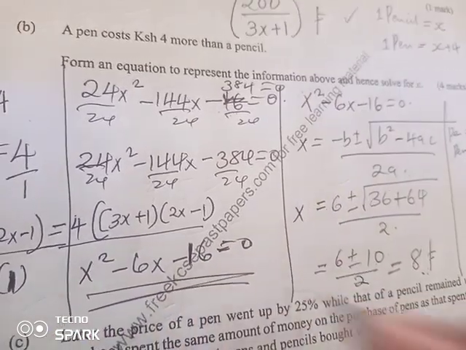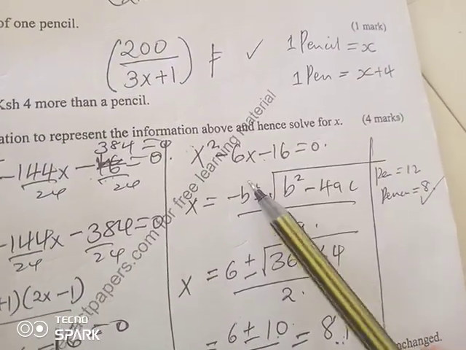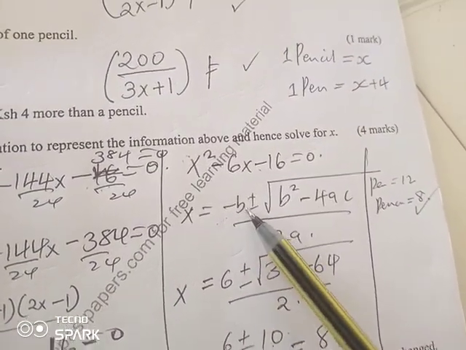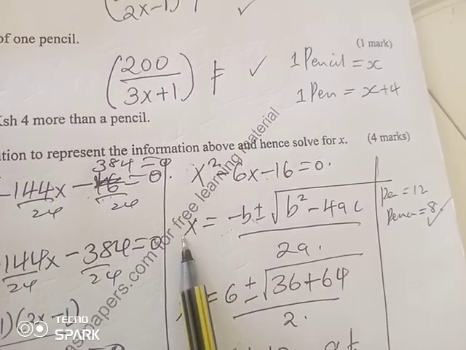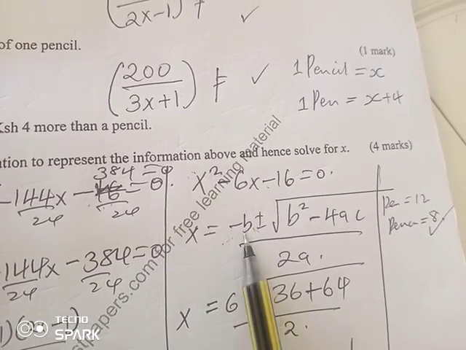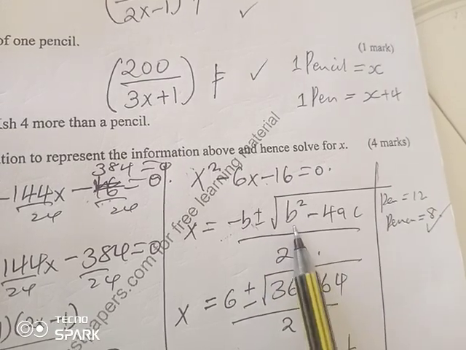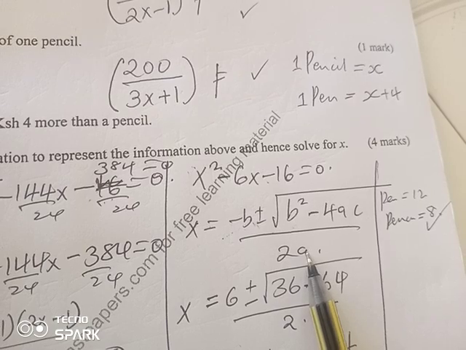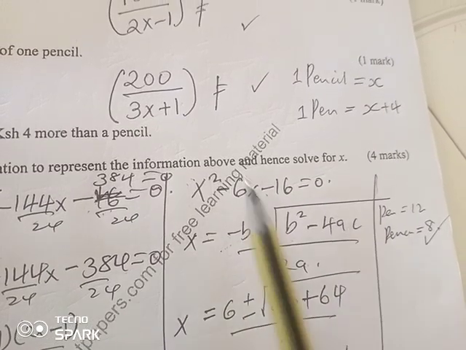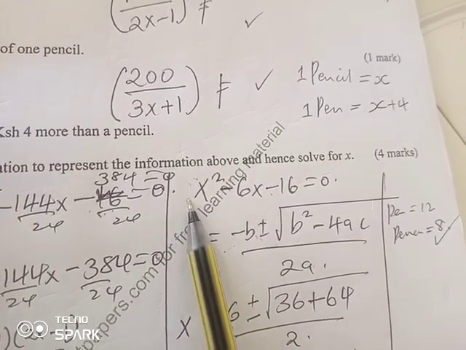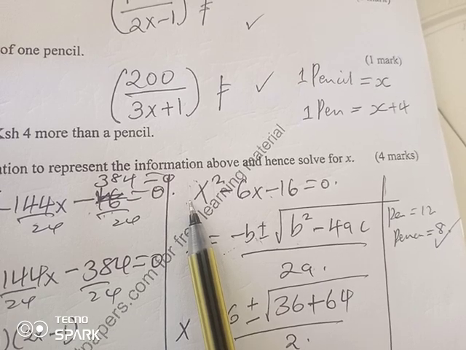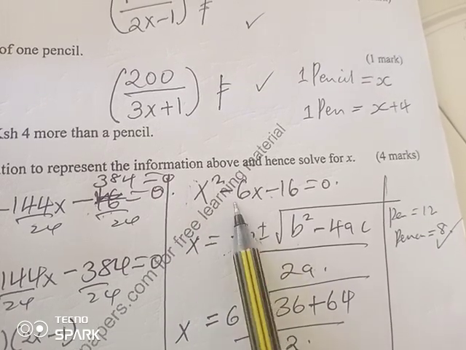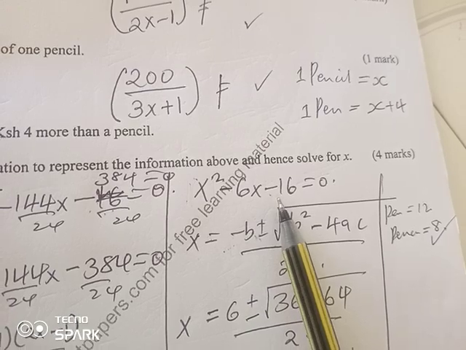So this one we can solve by any method, and I've chosen the quadratic formula, which states that the value of x is equivalent to minus b plus or minus the square root of b squared minus 4ac all over 2a. Who are our a, b and c here? So a is the coefficient of x squared, which is 1, b is negative 6, while c is minus 16.